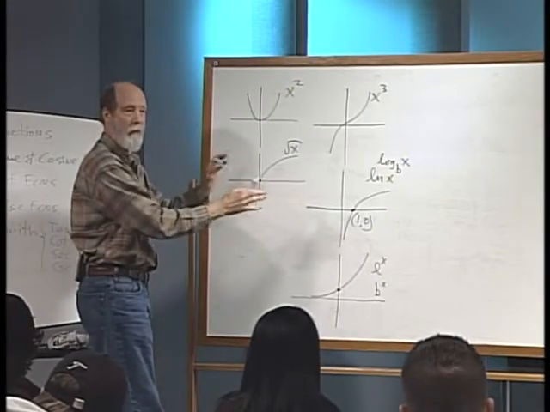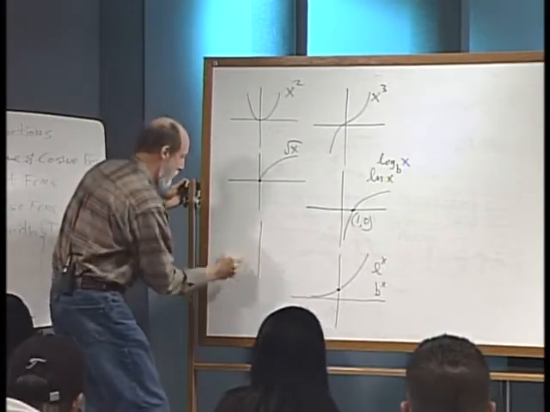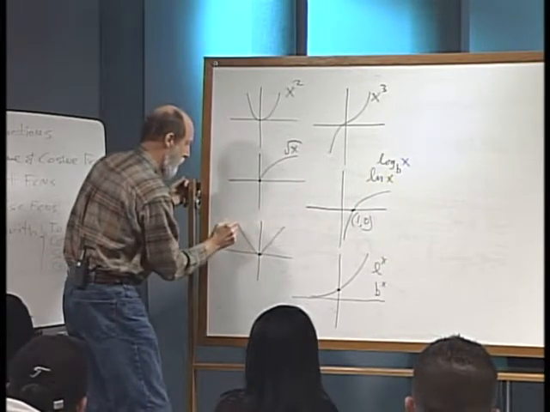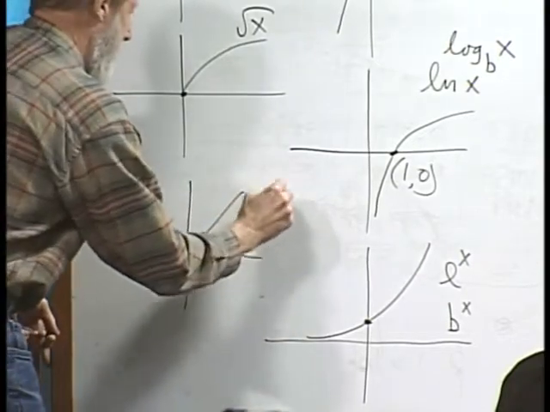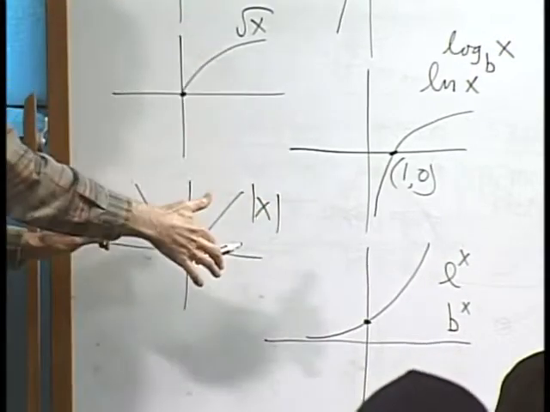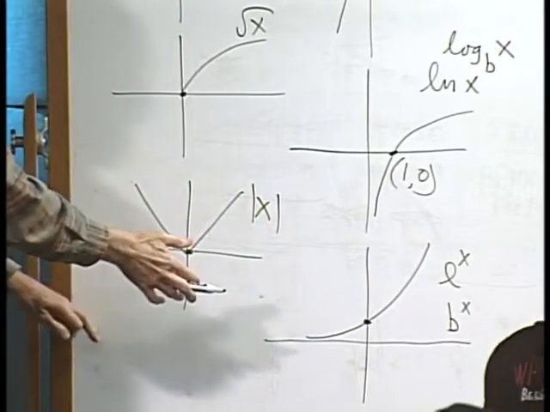You need to know these kinds of fundamentals. Okay. There are a number of others. Here's one that shows up quite a bit, a nice V-shaped thing. It's the absolute value of x. Now, that's all college algebra level stuff, and there are several others as well.